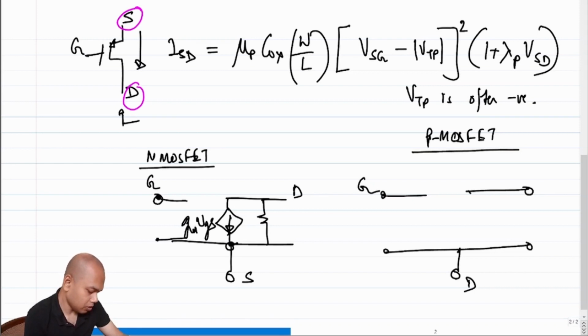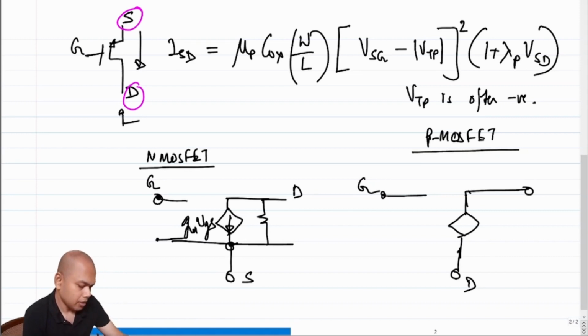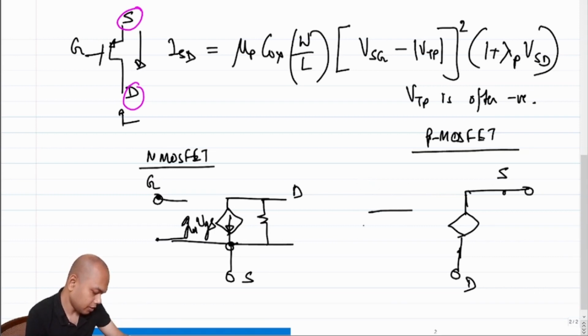Okay, so this is the drain terminal, and you have a current source. This is the source. We should also say that the voltages are taken between gate and source, just like in the case of an n-MOSFET.